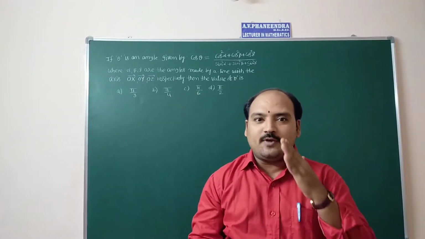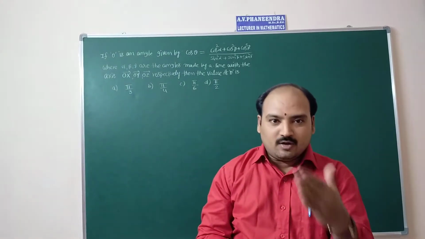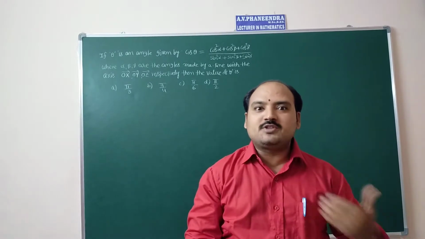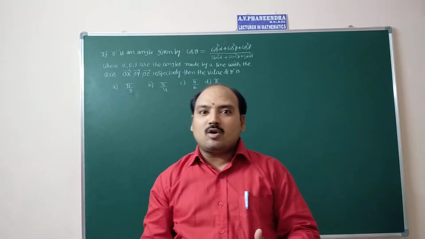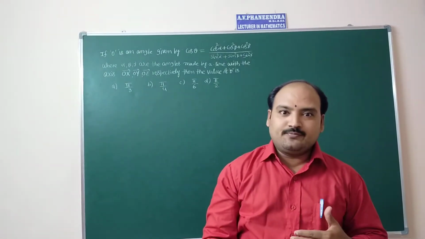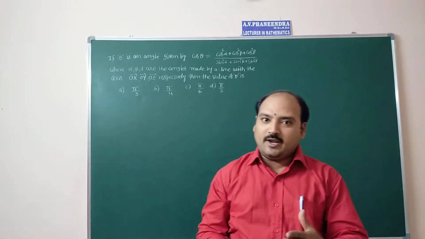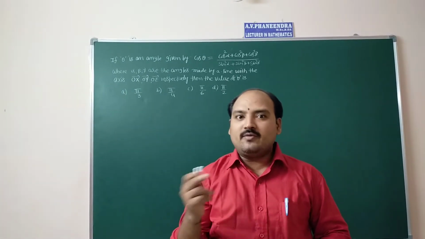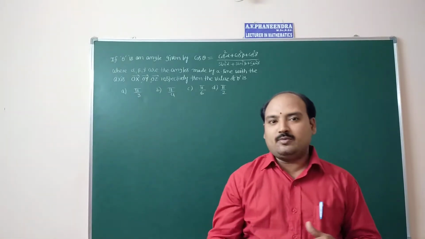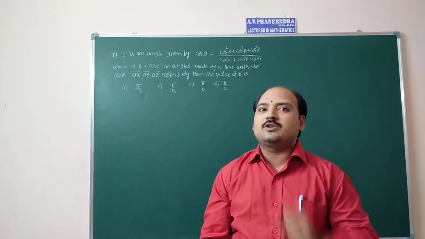Direction cosines: if a ray makes an angle alpha with the x-axis, beta with the y-axis, gamma with the z-axis, then their cosines are called direction cosines. So direction cosines of a line mean that if a line or a ray makes angles alpha, beta, gamma with the x, y, z axes respectively, their cosines are called direction cosines.